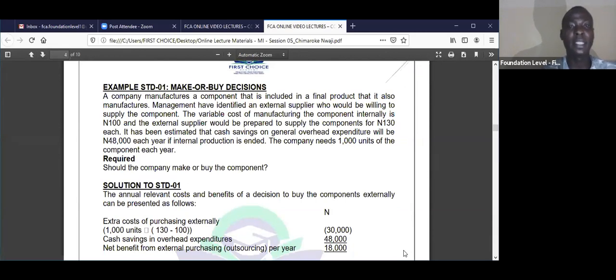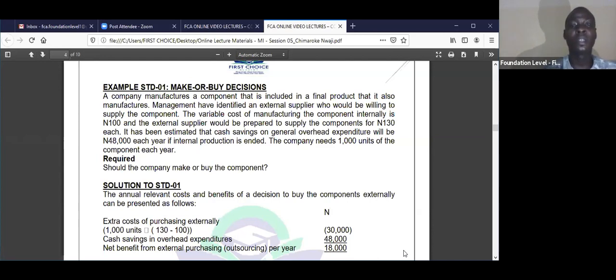Example STD01, make or buy decisions. Here, a company manufactures a component that is included in a final product that it also manufactures. Now let's look at this question and be thinking about this. It makes a component which is included in the final product. Let's assume that it's a soft drink company producing the bottle that is going to be used to make the final product.